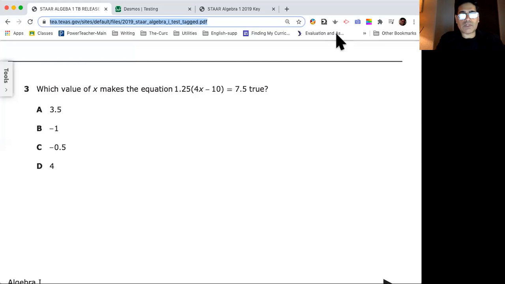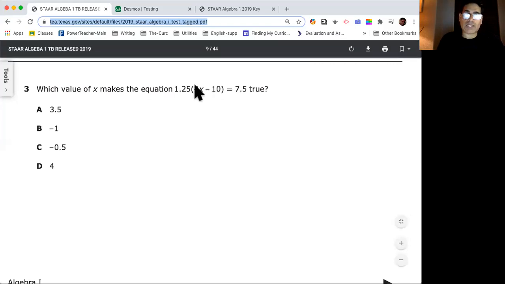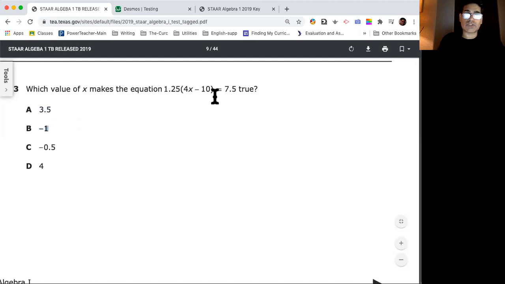We now look at question number 3, and for this one, Desmos is highly recommended. We'll show you why. In this equation, it's true. Which one of these values makes this statement true?